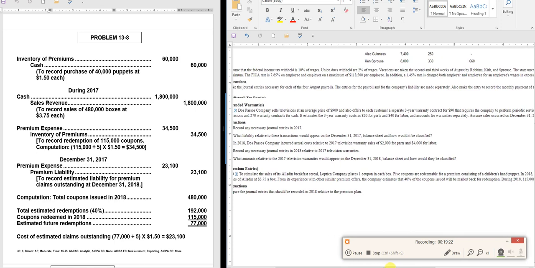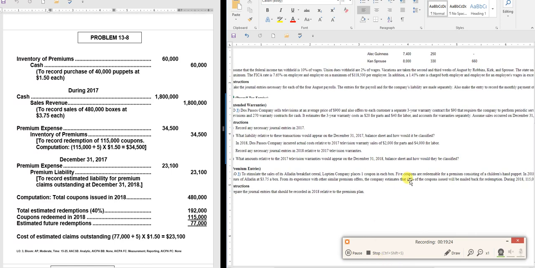So here's where it gets complicated. 40% of the 480,000 boxes will be redeemed. Here we go. 480,000 times 40% is 192,000. But remember, it takes 5 coupons to get a puppet. So later on down here, we'll divide it by 5. So first here's our estimate there.